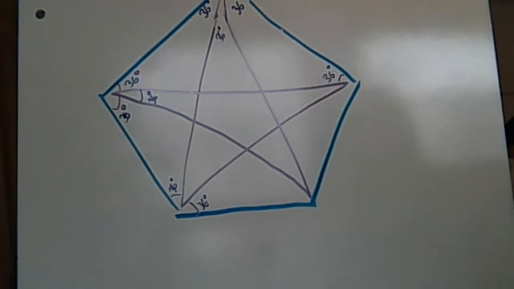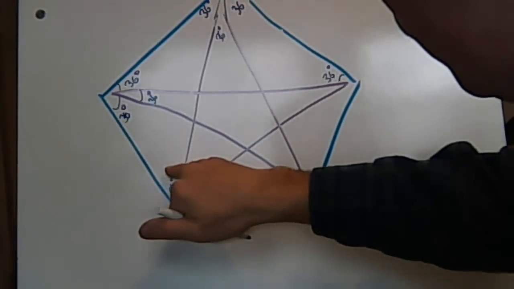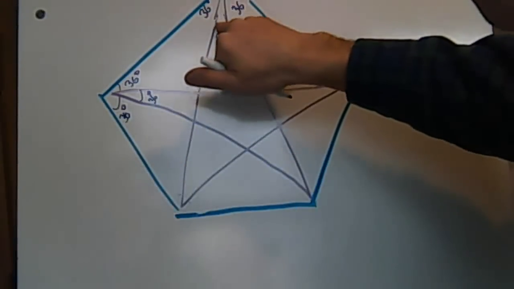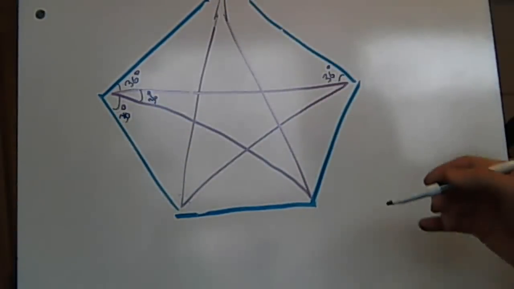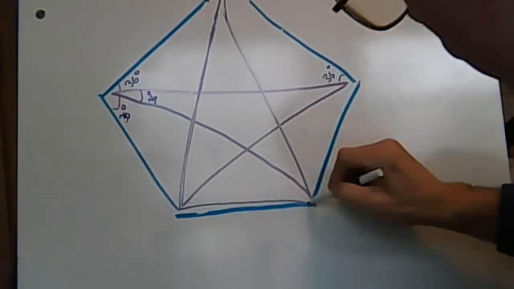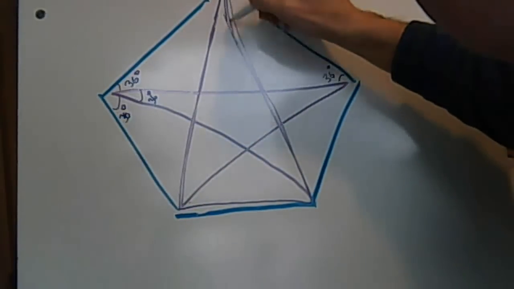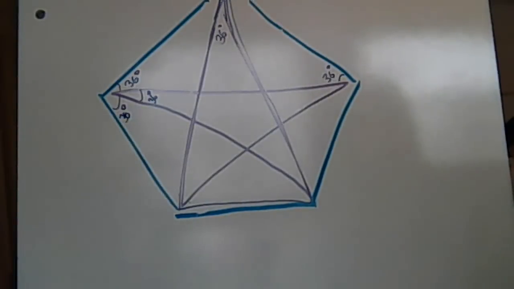And in particular, there's a very important triangle which has 36 degrees in it. It's this triangle right here. It's another isosceles triangle. It's a big one. It's got 36 degrees at the top, just like we talked about.